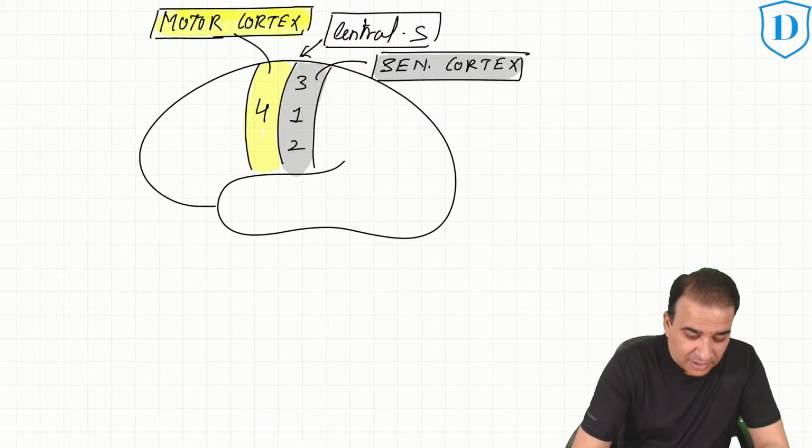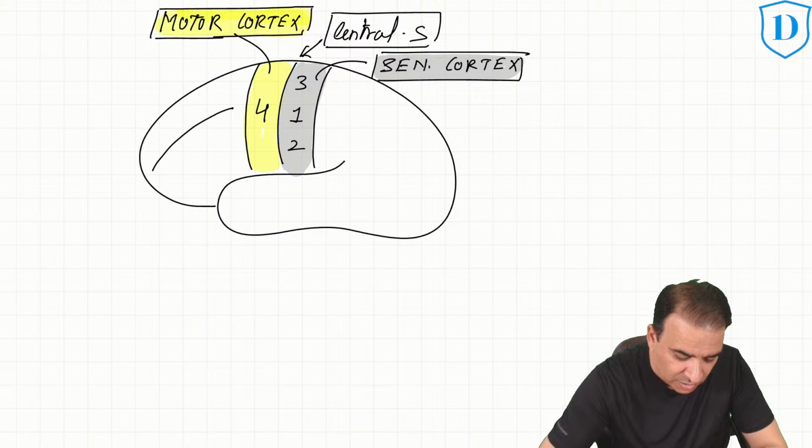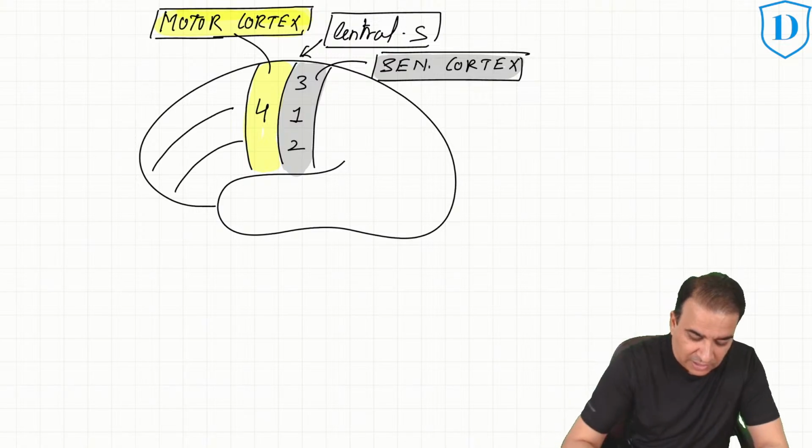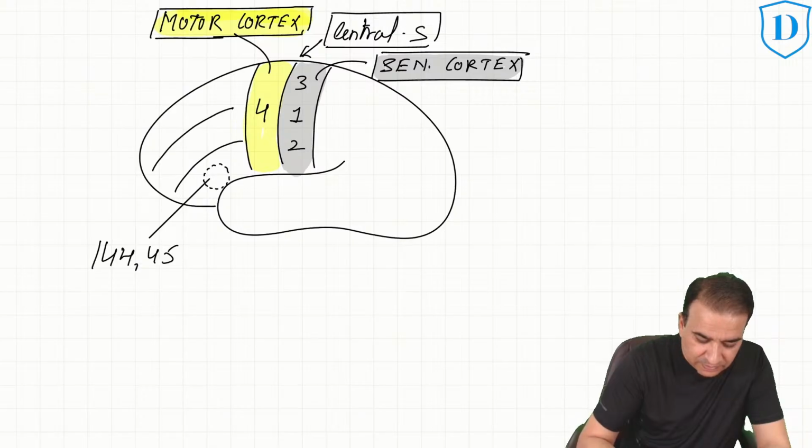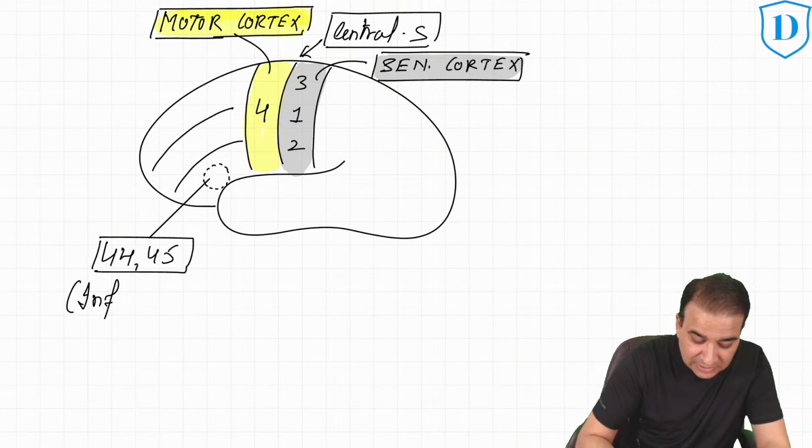In the inferior frontal gyrus, अगर आप frontal lobe को divide करो, we have superior frontal, middle frontal, inferior frontal. In the inferior frontal gyrus, guys, this is the area where we have area number 44 and 45. 44 and 45 सबसे पहली बात तो है कहाँ पर? It is present in the inferior frontal gyrus.